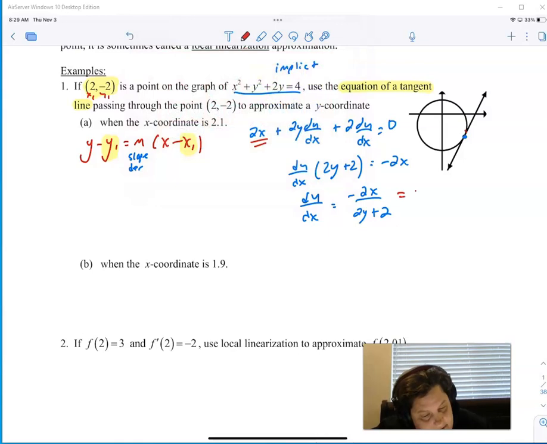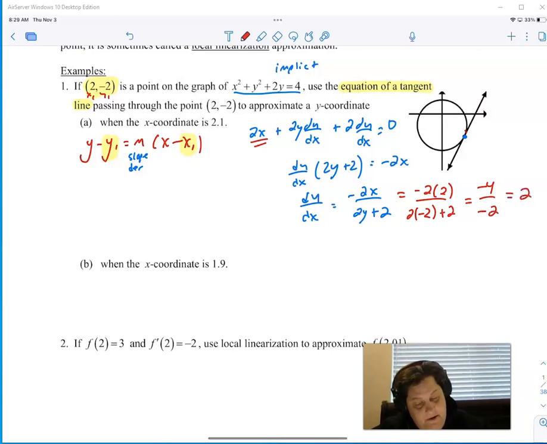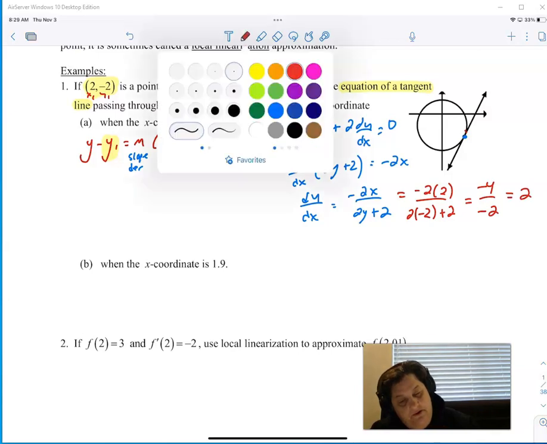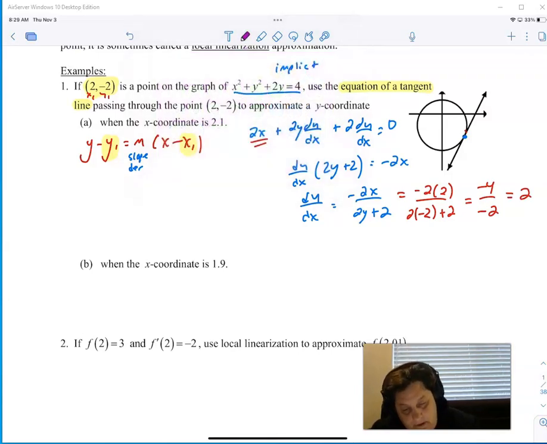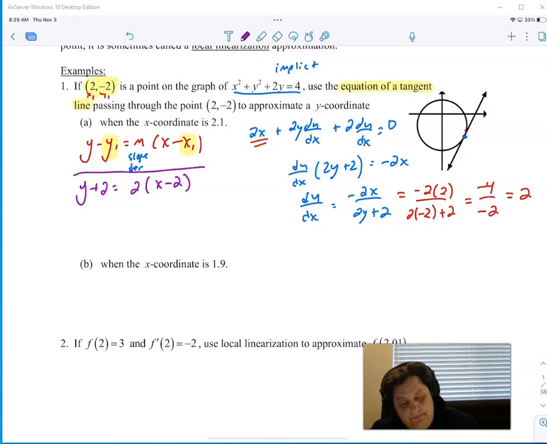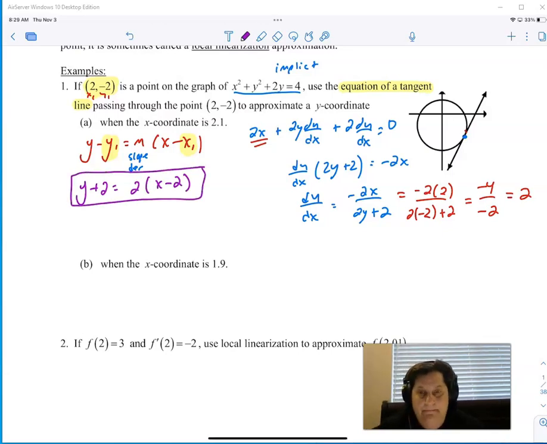Now I'm plugging in 2 for x and negative 2 for y. That gives me negative 4 over negative 4 plus 2, which is negative 2, which will give me 2. Here's the equation: y minus negative 2 equals 2 times x minus 2.